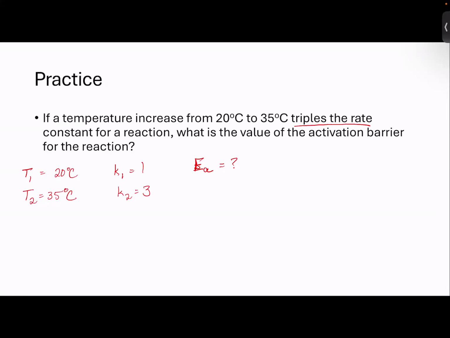And then also realizing that we are going to have to use R, and so we're going to have to convert our temperature into Kelvin. 20 degrees Celsius is 293.15 Kelvin. And 35 degrees Celsius is 308.15 Kelvin.